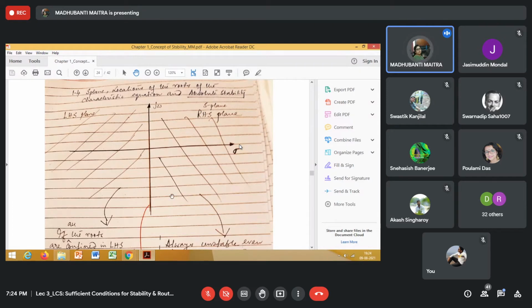Now, the right half of the S-plane is the region of instability.